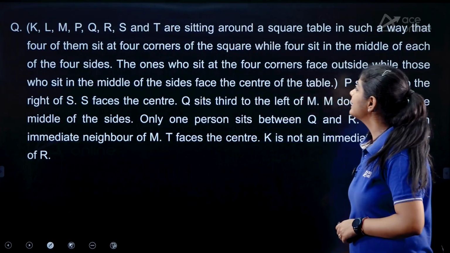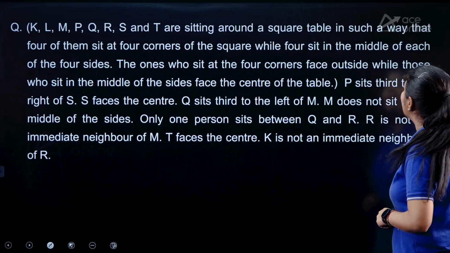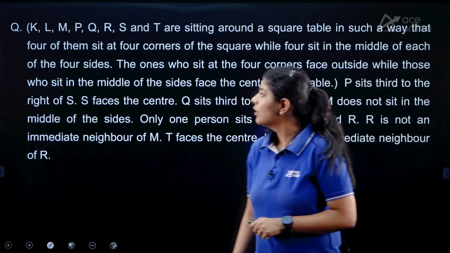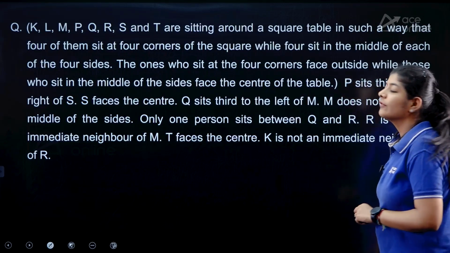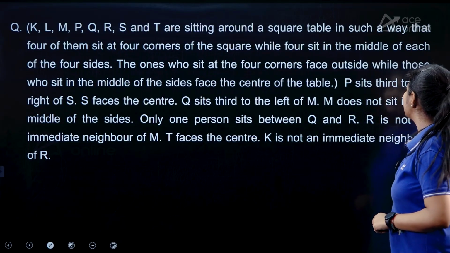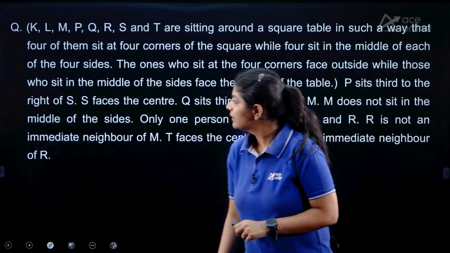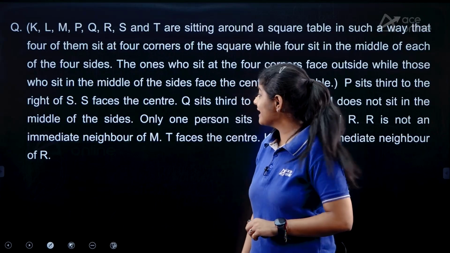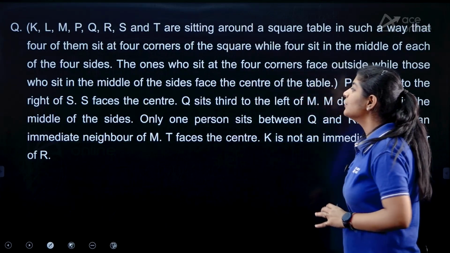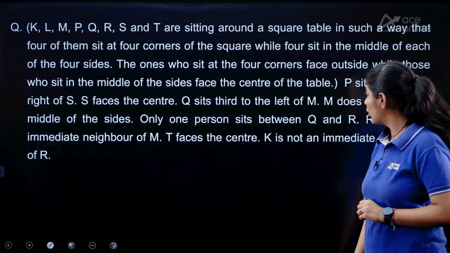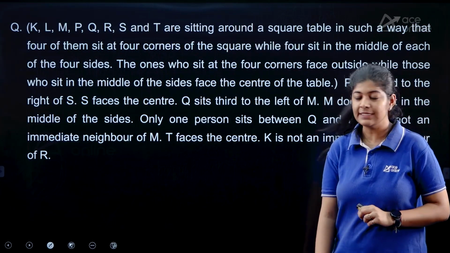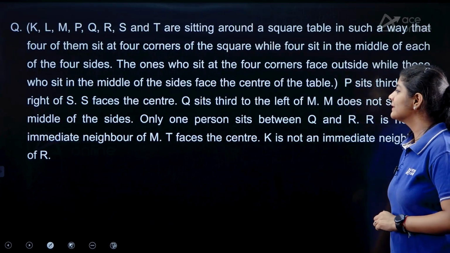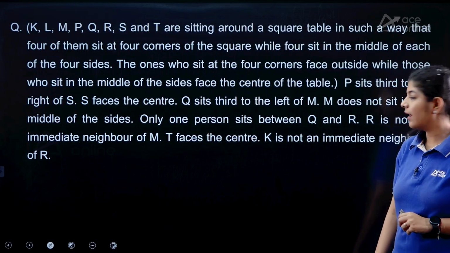The ones who sit at the 4 corners face outside, while those who sit in the middle of the sides face the center of the table. P sits third to the right of S, who faces the center. Q sits third to the left of M. M does not sit in the middle of the sides. Only one person sits between Q and R.